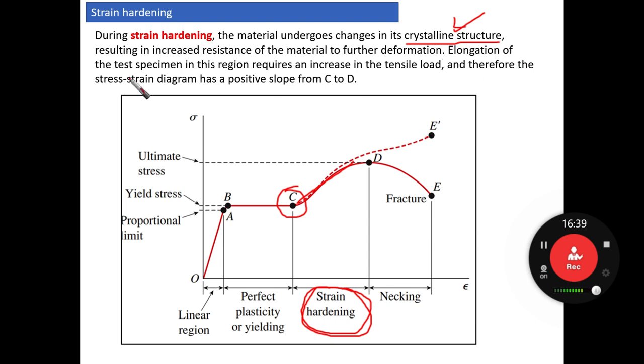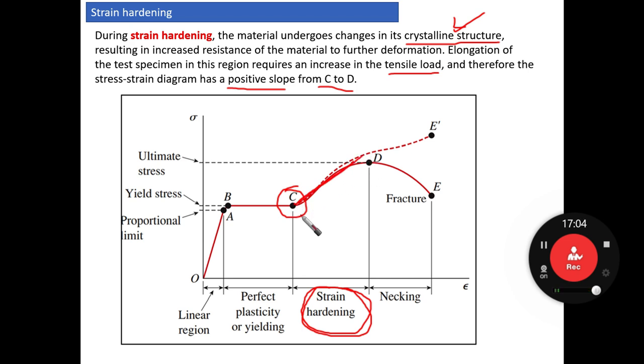Elongation of the test specimen in this region requires an increase in the tensile load, and therefore the stress-strain diagram has a positive slope from C to D. As you can see here, from C to D it is a positive slope.